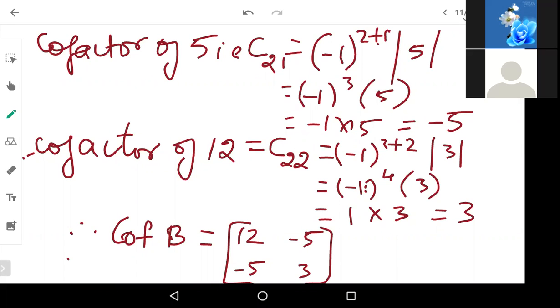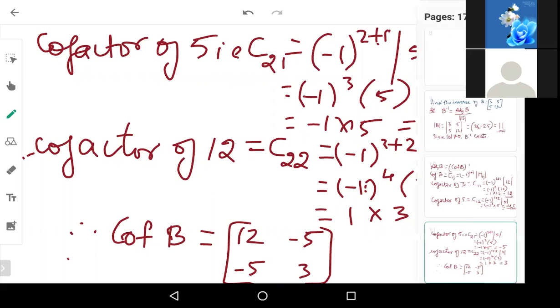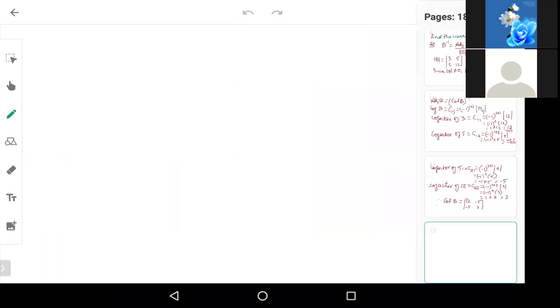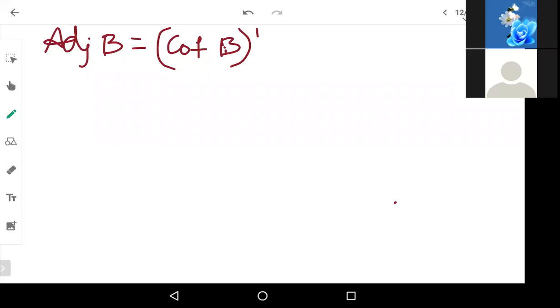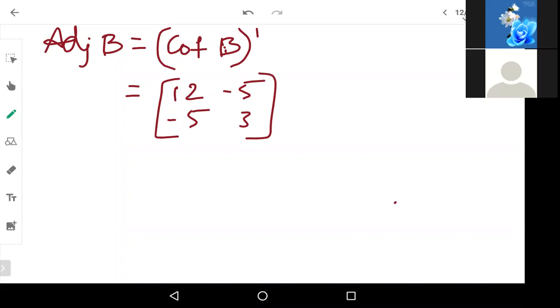This is the cofactor. Now let us find the adjoint of a cofactor. Sorry, adjoint of B is nothing but cofactor B transpose. So what is the cofactor? Cofactor is 12, -5, -5, 3, transpose.